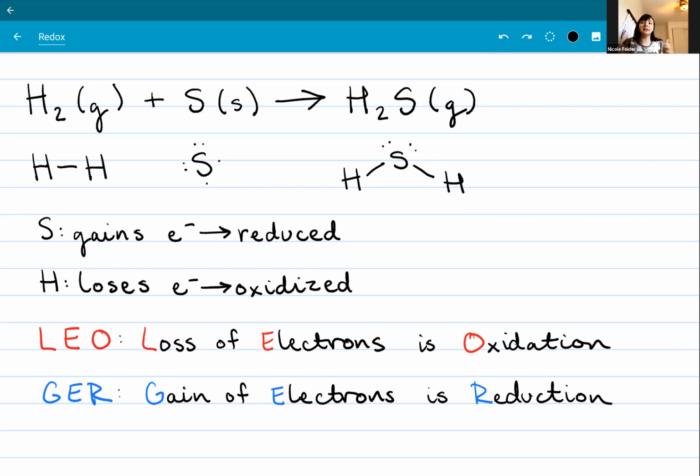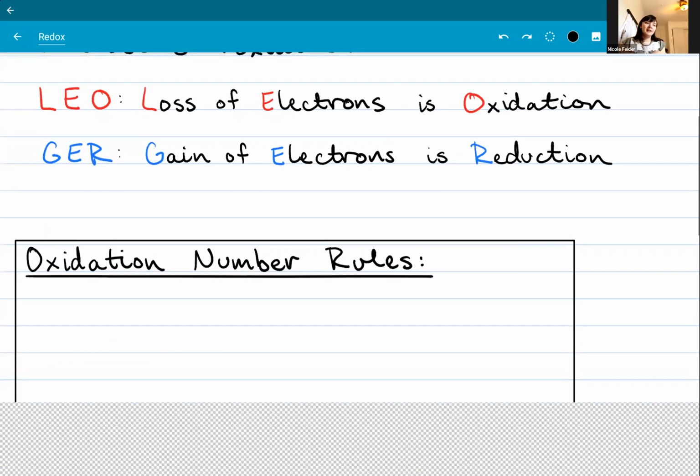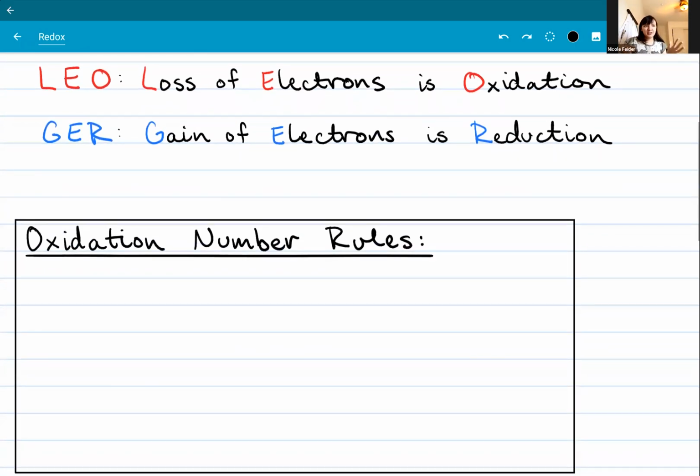Rather than comparing Lewis dot structures and figuring out electron movement, a more quantitative way to look at redox reactions is through oxidation number. Oxidation number is kind of like ionic charge for individual atoms within a whole molecule. This is not the same thing as calculating formal charge, where electrons in bonds are equally shared between atoms.